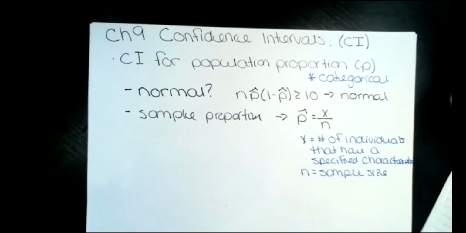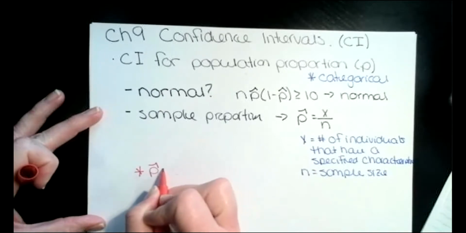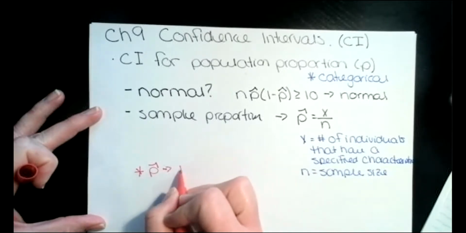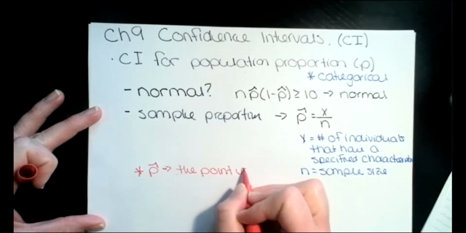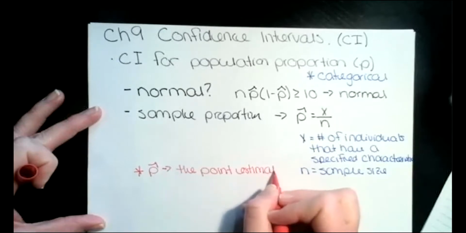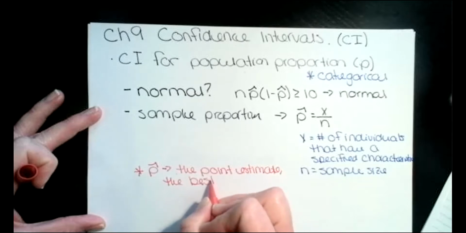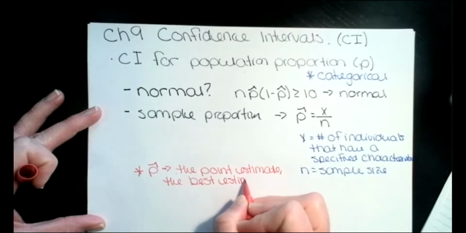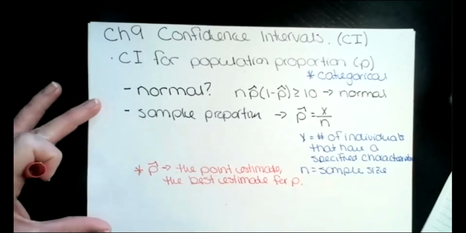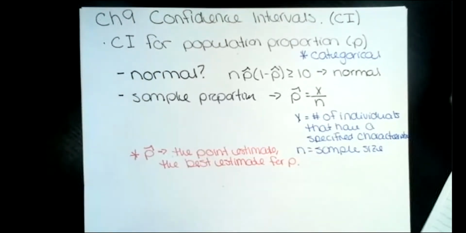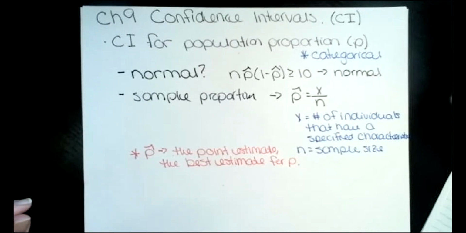P hat here is what we call the point estimate, which is just a way of saying it's the best estimate for P, my population proportion. So we use that P hat in our calculation for our CI.